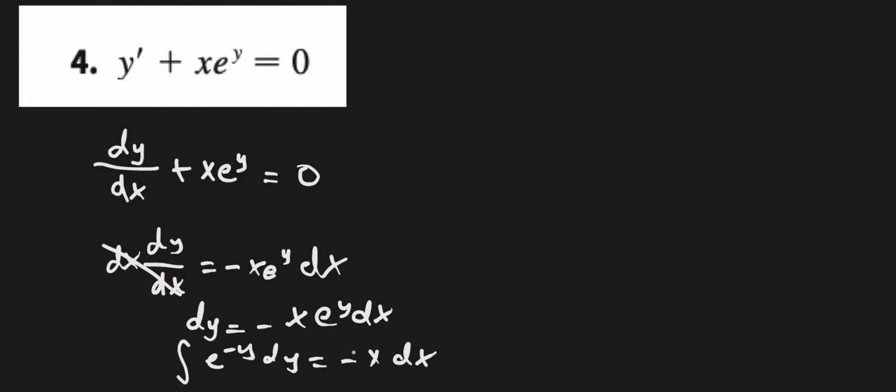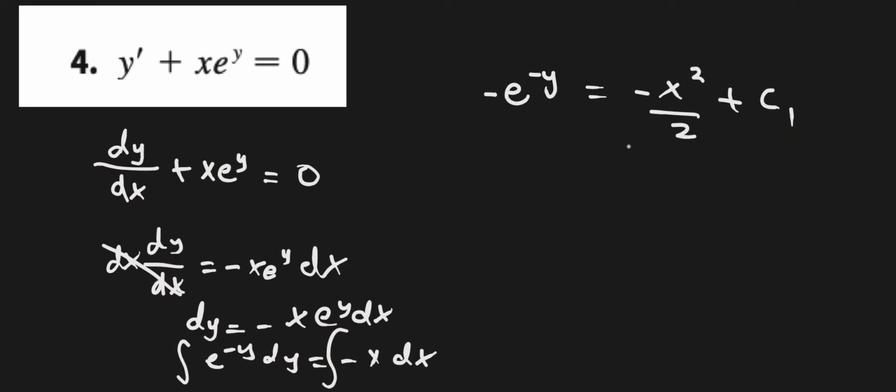If we integrate both sides, the integral of e to the negative y is negative e to the negative y, is equal to, the integral of this is just negative x squared over 2 plus c1. We can divide by negative 1, so e to the negative y is equal to x squared over 2 minus c1.